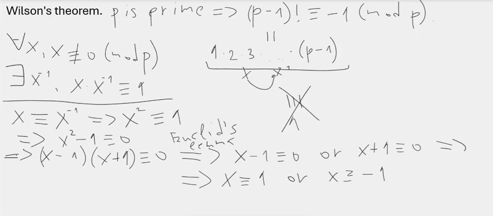By the way, all the implications were only in one direction, so we need to verify that the implication in the other direction also works, so that x congruent to 1 and x congruent to minus 1 indeed satisfy that x to the power minus 1 is congruent to x, but we can verify it directly.